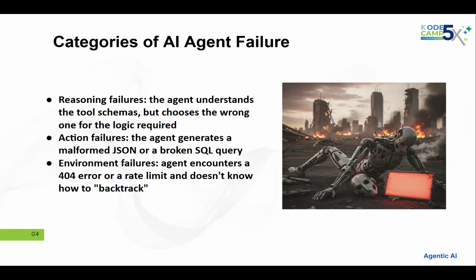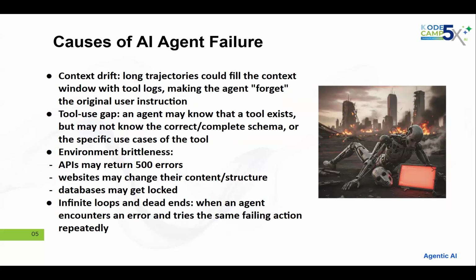Okay, so continue. What causes these agentic AI failures? Well, the causes include context drift. When we were looking at context management, we mentioned that for large context, when your context window starts to fill up, the rate of failure of your agent increases.